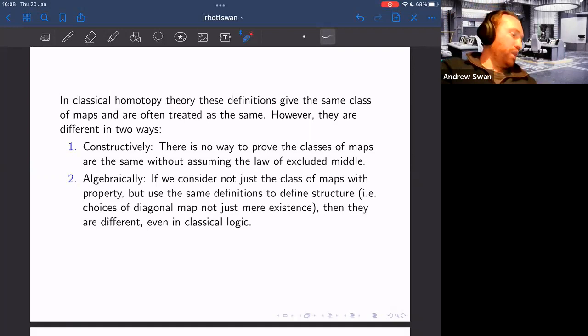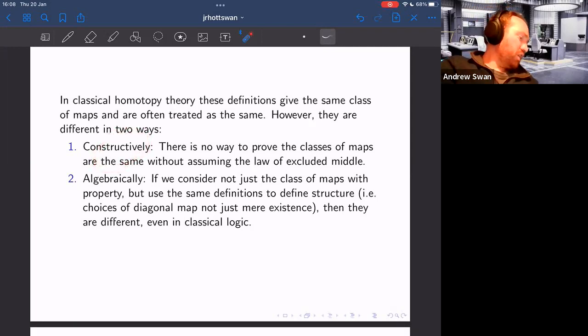And one way is that there's a constructivity issue. So although there are proofs that they give the same class of maps, these aren't constructive proofs. So you need to use the law of excluded middle to show that those two definitions that I gave are equivalent, that they give the same class of maps. Okay, so that's one way they're different.